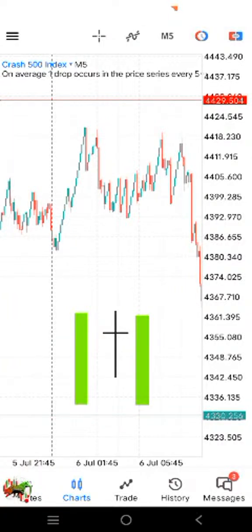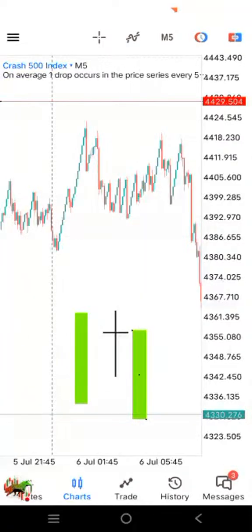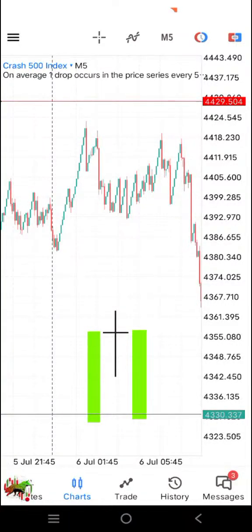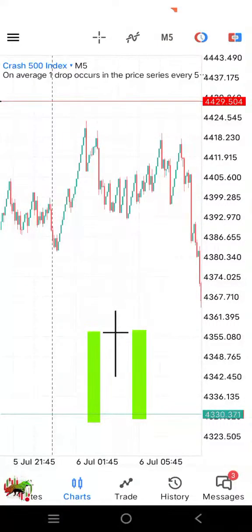What is the main thing to look at? The doji must be inside of these two candles. The doji opening and closing must be inside of these two candles.